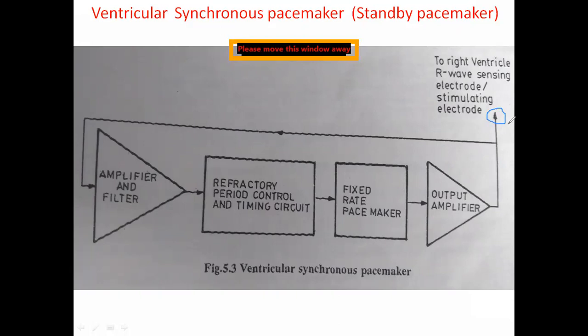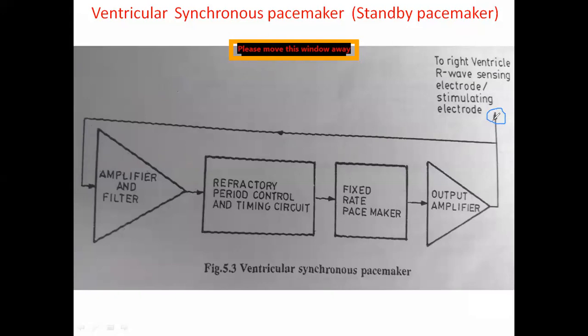So this is the electrode, and the electrode signal is sent to the amplifier and filter. First of all, it senses the R wave. When we put an electrode at the heart, the heart produces the P wave and also the QRS waveform, and the T and U waveforms.